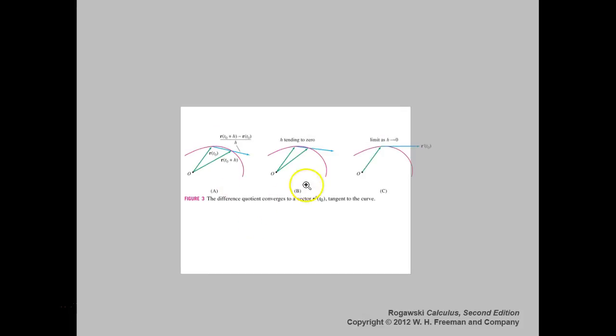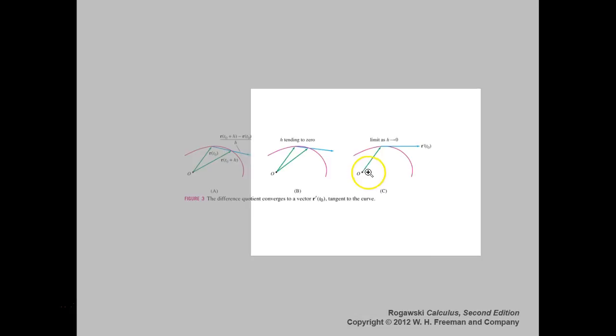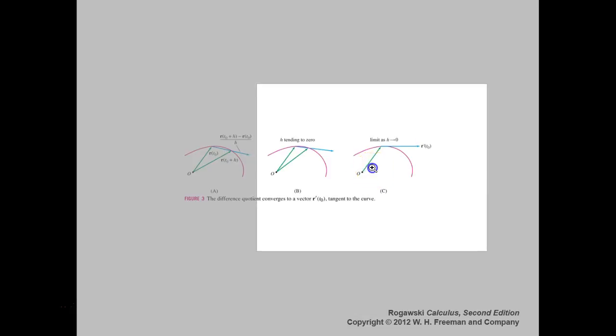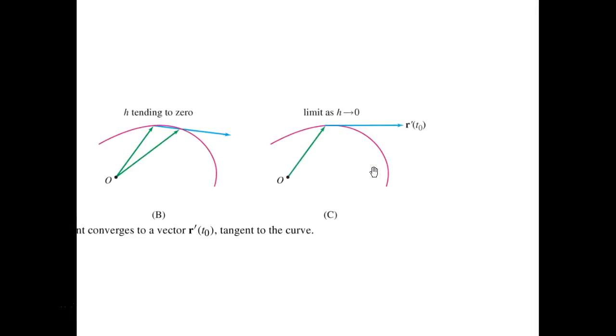So I think what I'll do is just do this part now. Okay, this is the one we just saw, and then as this gets smaller and smaller and smaller, then h getting smaller, then that's approaching the tangent line at that point.